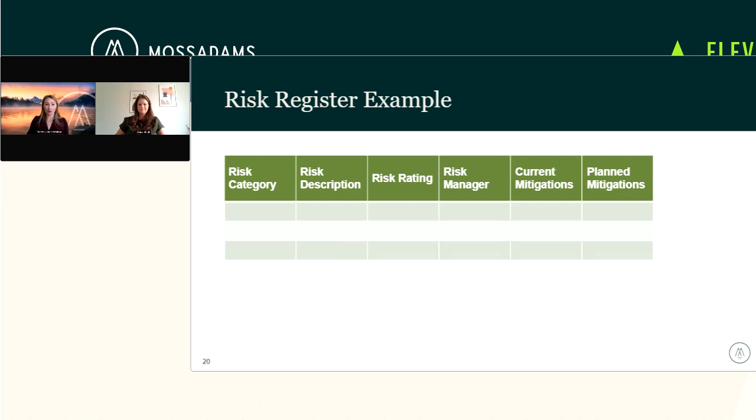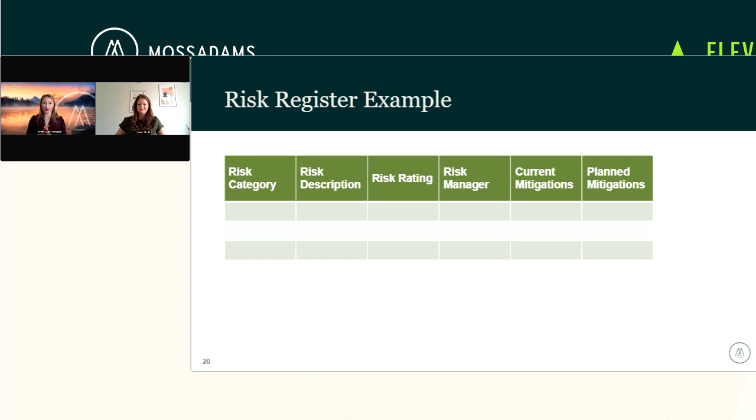So we have a sample skeleton risk register here that you could use as a template just to get this work going in your organization if you wanted. So you can see this is a spreadsheet. It lists your risk category, a description of that specific risk that's identified, and the risk rating attributed to the risk, a great way to sort so that you're only focusing on some of those higher level risks in those discussions that you have.